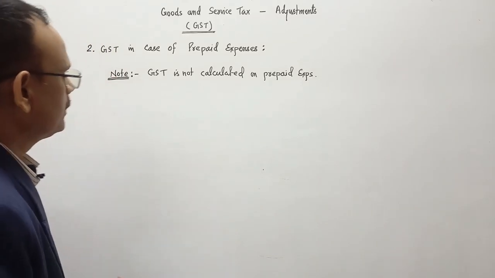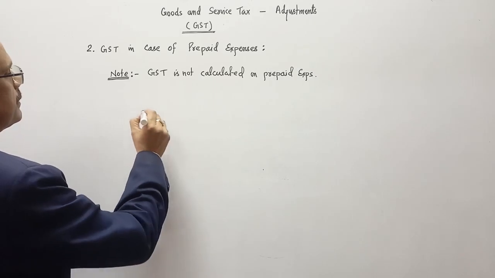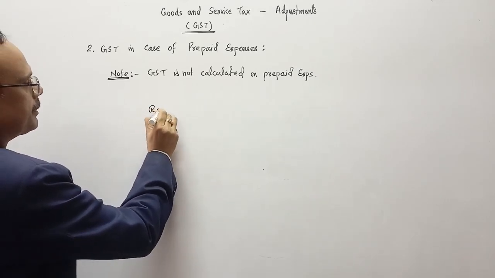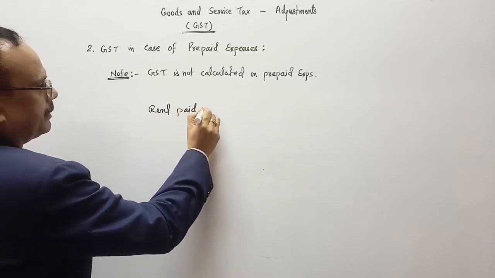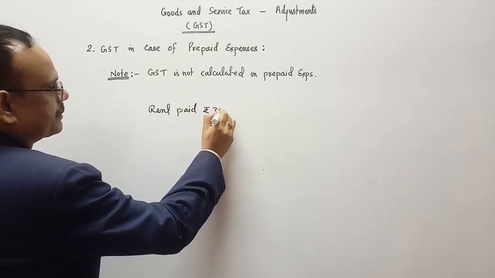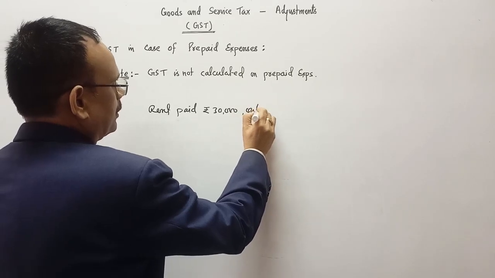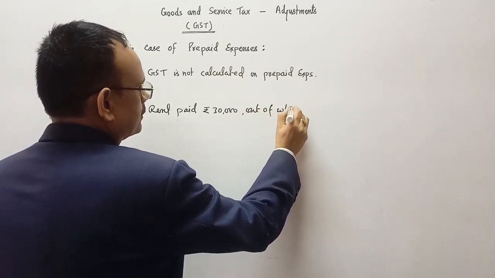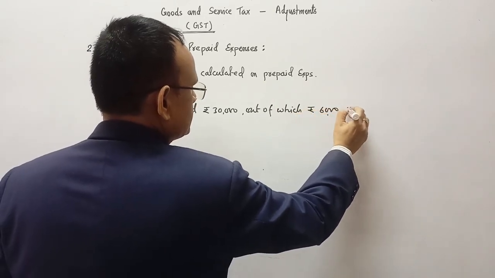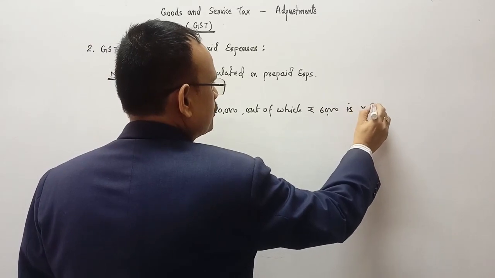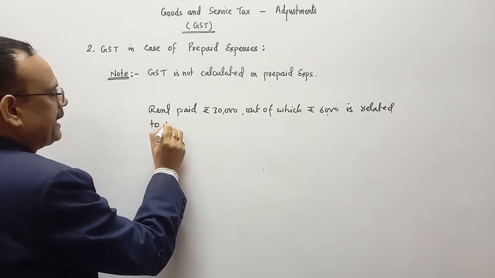For example, suppose rent paid rupees 30,000, out of which rupees 6,000 is related to the next financial year.